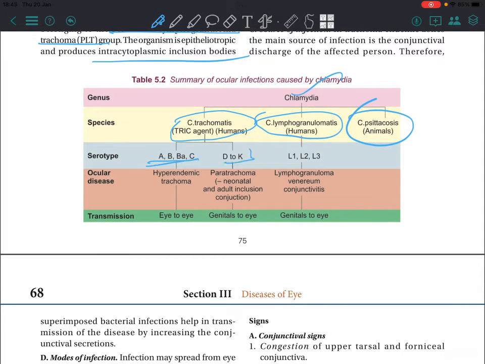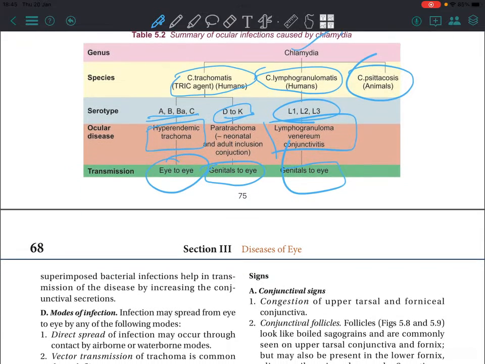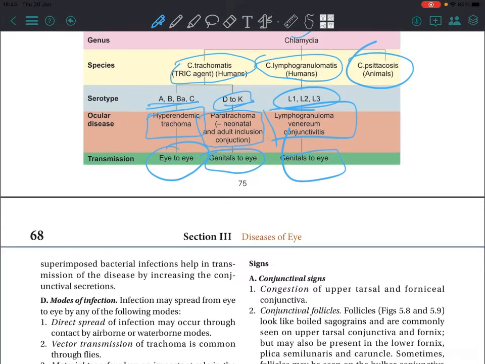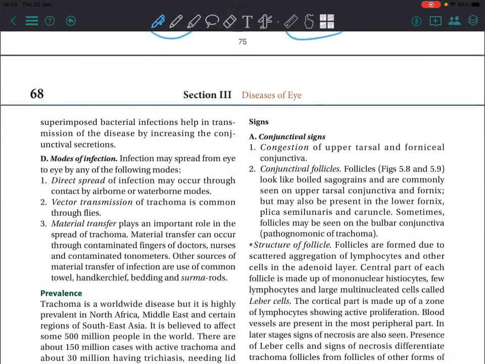Serotypes A, B, Ba, C, D to K also belong to the same. L1, L2, L3 belong to lymphogranuloma venereum conjunctivitis, genitals to eye transmission. A, B, Ba, C hyperendemic trachoma is transmitted eye to eye. Paratrachoma and adult inclusion conjunctivitis, D to K, genitals to eye.